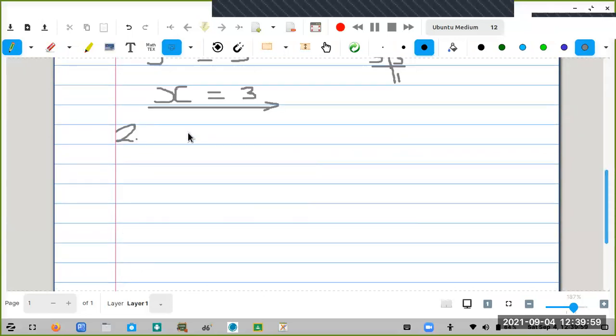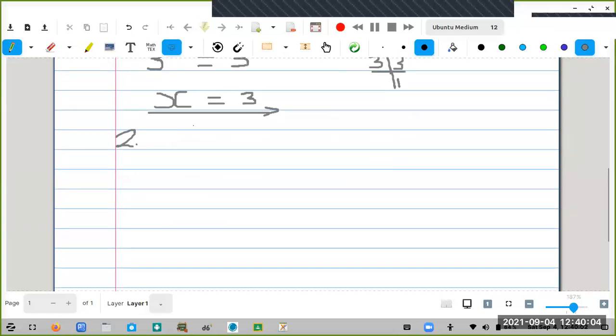That's 5 to exponent x is equal to 0.008. Sorry for my shape of numbers.